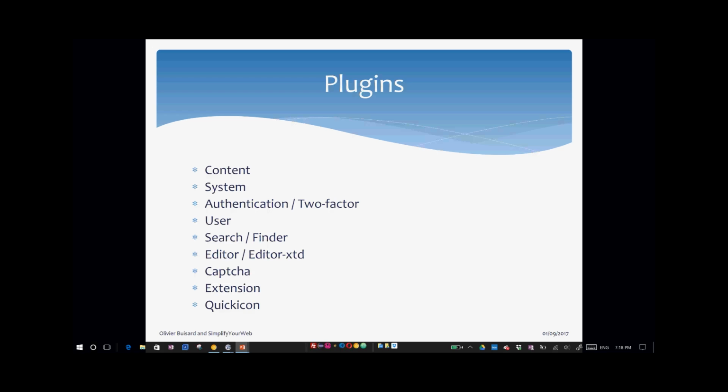There are different kinds of plugins. They all do different things, and they actually work depending on different events. First, the most important, I think, for visual aspects is the content plugins. Content plugins are plugins that will act on the content, on an article, for example.